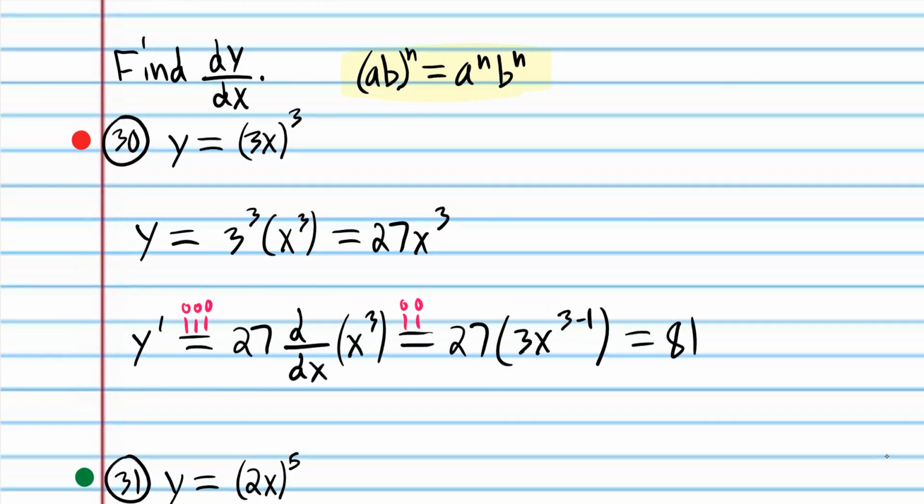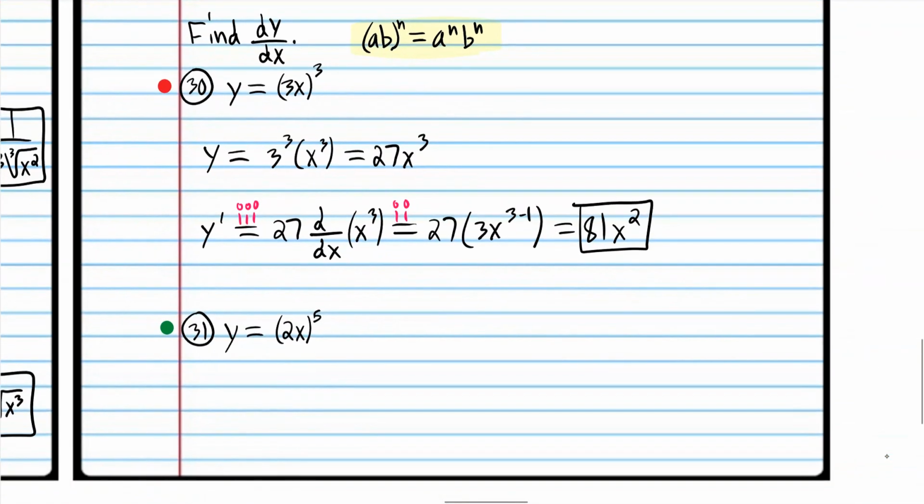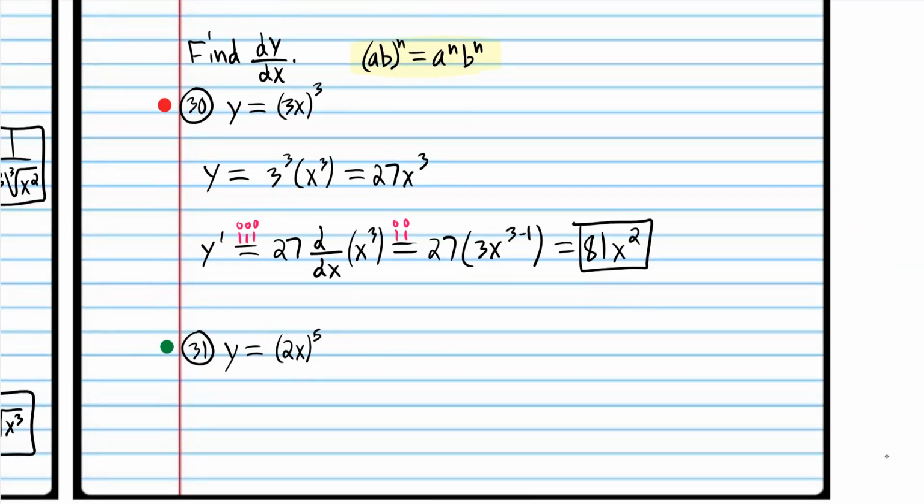Three times 27 is 81, and we have x to the second power. So just another type of problem that you might see. I want you to try number 31. Use 30 to help you. When you come back, we'll do it together.